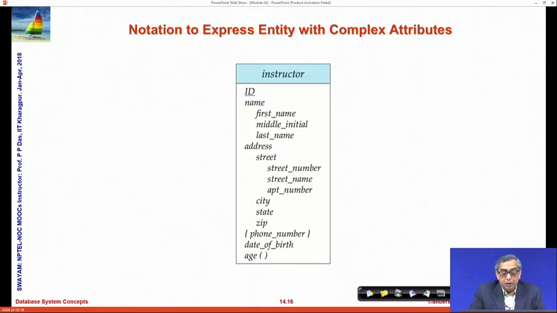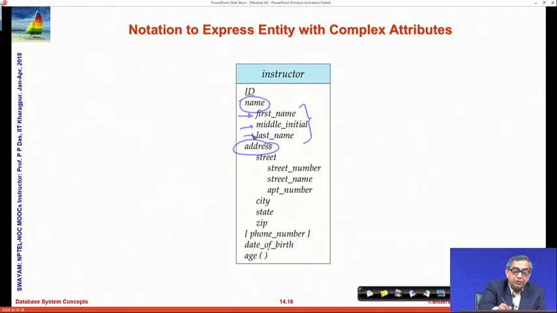The way we represent it is that the actual name of the attribute is at the outermost level, and its composites are written with a shift to the left.